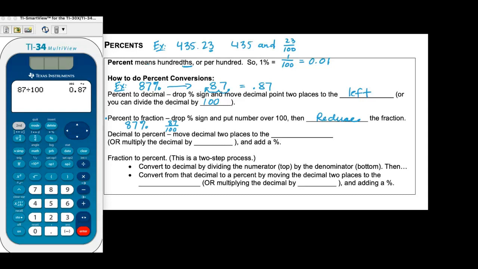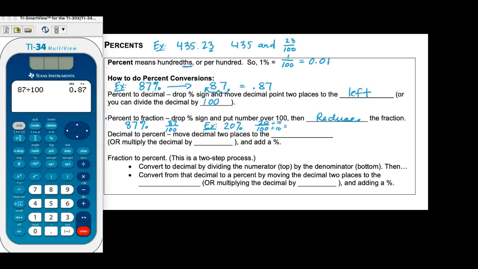I'll give you another example real quick that is reducible. So let's say we had a percent like 20%. So we would write 20, we drop the percent sign, we write 20 over 100, and then we would reduce. Now you could certainly reduce this by hand by finding a number that goes into 20 and 100. So you could divide these both by 10. You could divide them both by 20, actually, is the greatest common factor.